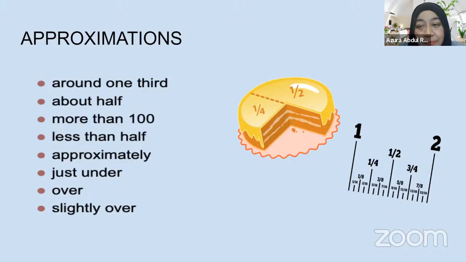Less than 50%. Exactly, less than 50%. Okay, so say that there is a bar graph or a pie chart where the data is almost the same. So the first one you can say about 50%. The second one you can say less than half. Okay, don't say the same things over and over again.